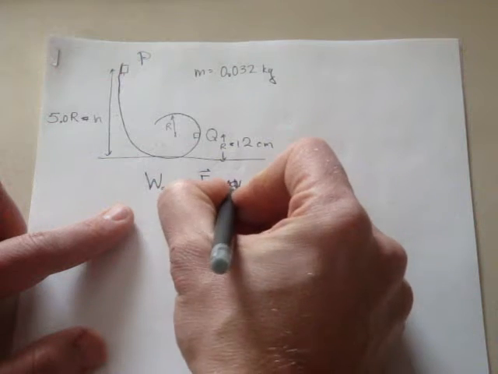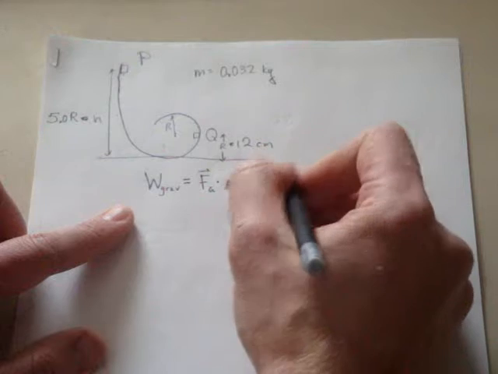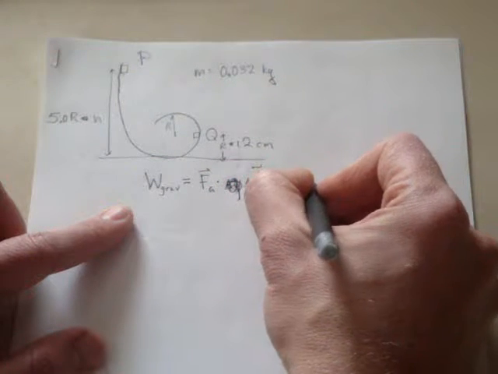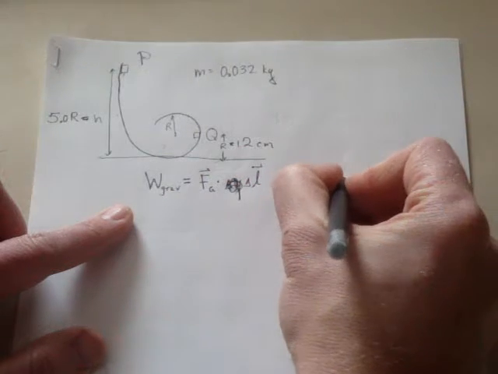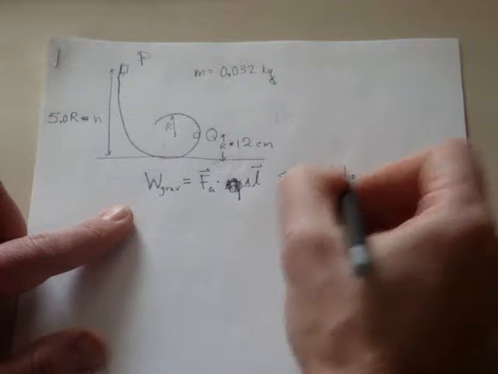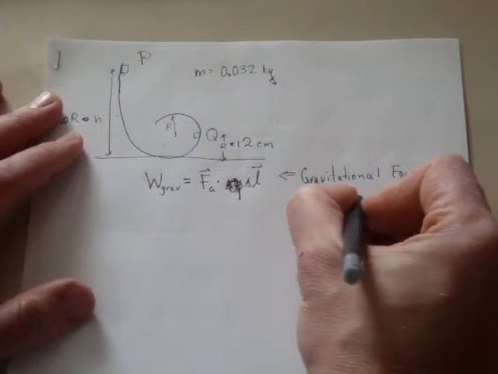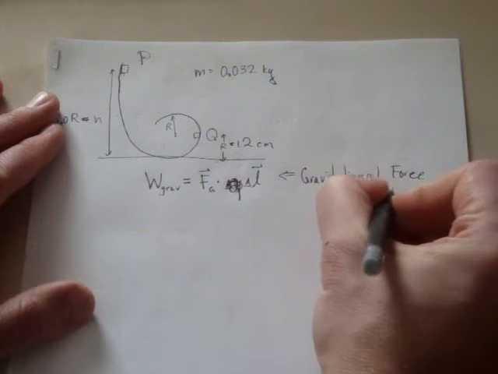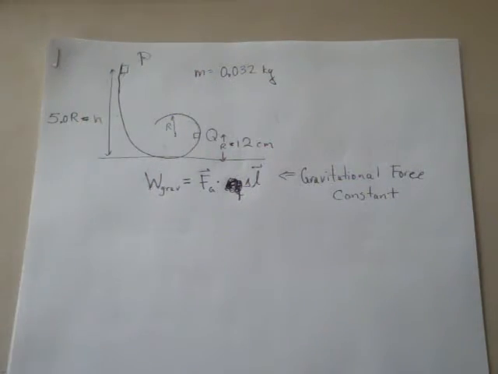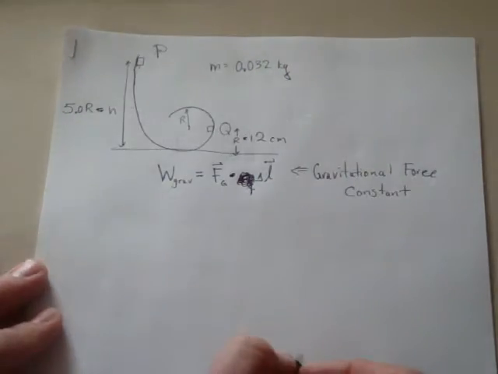Or we could actually write something like this, delta L, like the most generic way of describing this. And we can write this because the gravitational force is constant. So we can write this expression of the scalar product of the force and the displacement, delta L. Right, there's a nice little scalar product here.